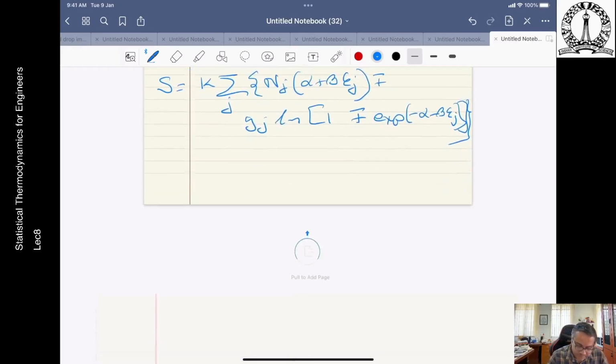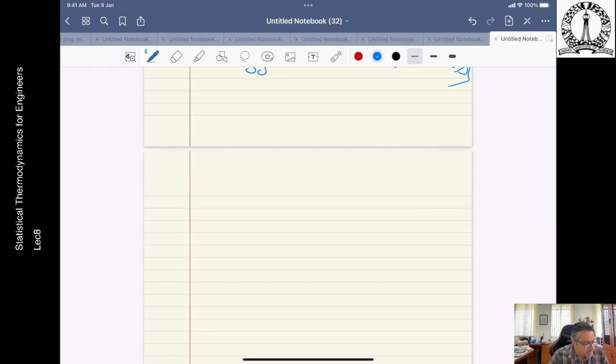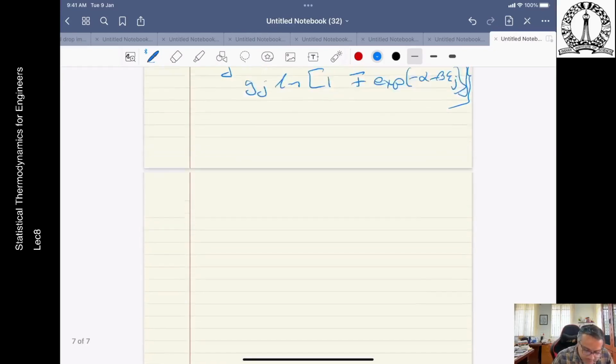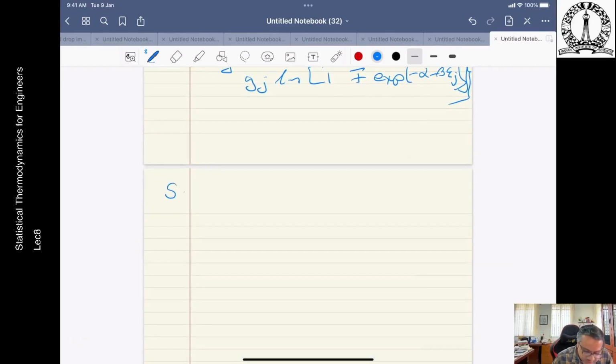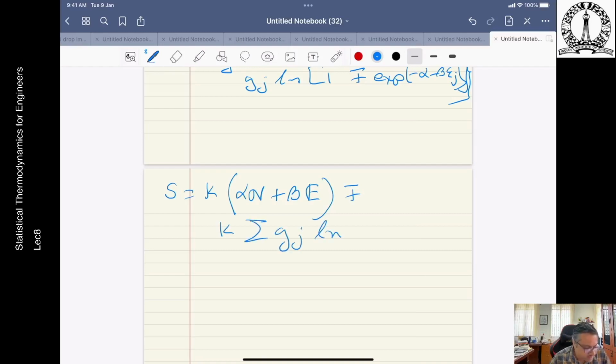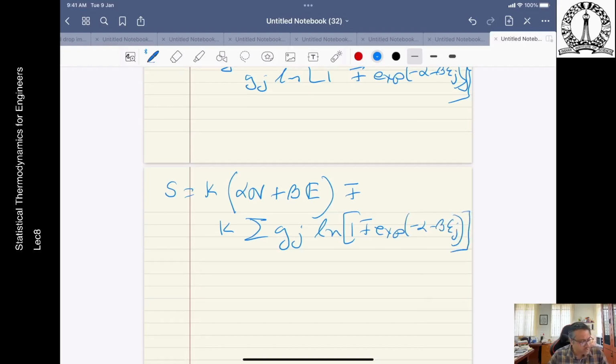So that's what you get, and then you can simplify this a little bit further: K N (alpha plus beta E), as you can see, minus plus K Gj ln (1 minus plus exponential of minus alpha minus beta Ej), bracket closes.